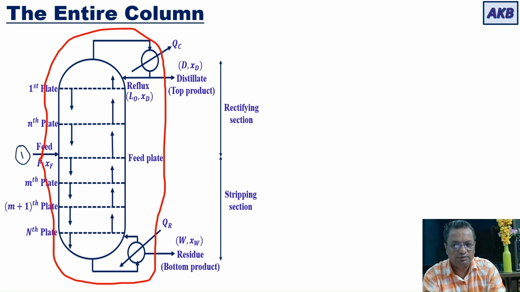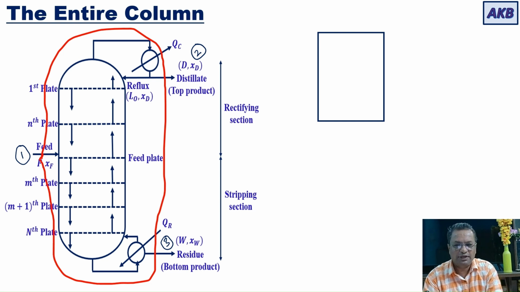Then you have the distillate stream and the residue coming out of the envelope. So these are the material streams. Whereas QC is coming out of the envelope, the energy stream, and QR is going into the envelope. As I told you, we are not going to consider that here.